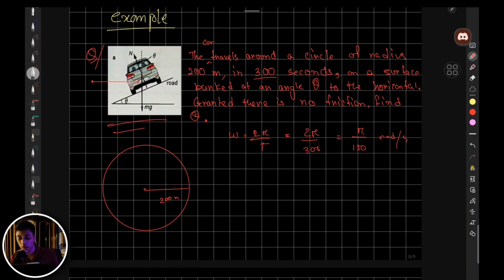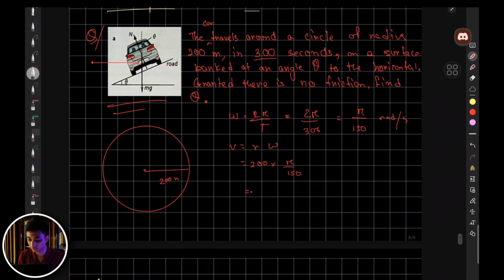So you know omega. From this, you can figure out the tangential velocity, which is going to be r omega. You know the radius, which is 200, times pi by 150.